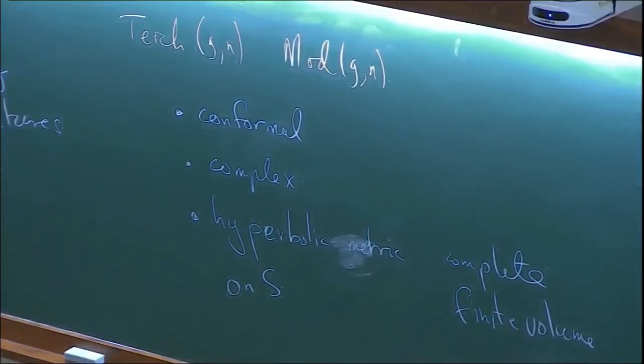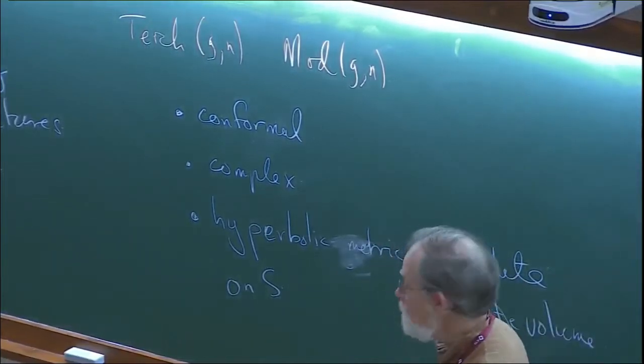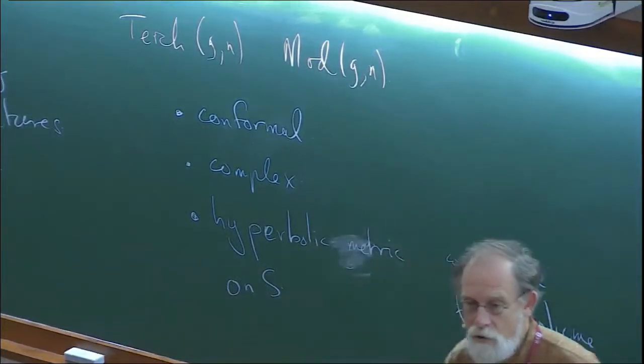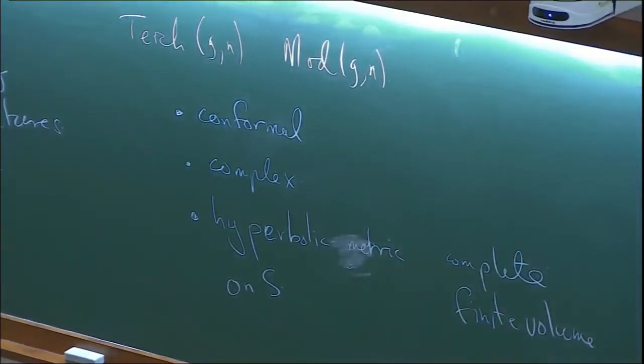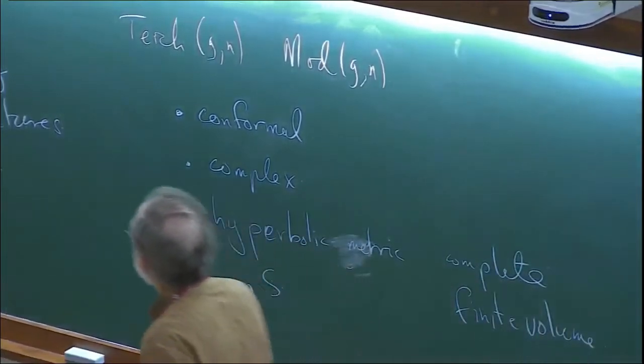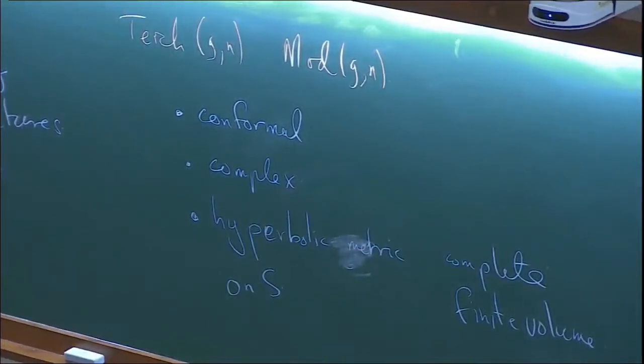So it means that at each puncture, you have to have the familiar hyperbolic cusp. You're not allowed to have one of those funnel things. And so the idea is that these spaces index all possible structures of whichever type you care about. And they do it in slightly different ways. Oh, and I probably should have said that this surface is oriented.